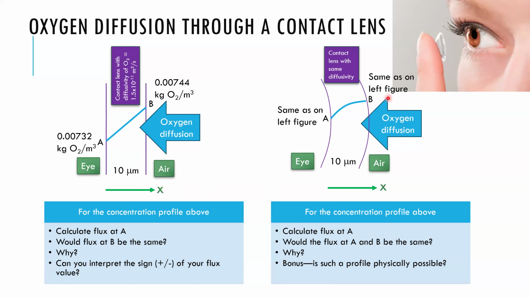The figure on the right is identical in every way except two things. One is the contact lens is not a slab, so it has a curvature, it's circular, closer to what you see in this picture here. And the concentration profile here is not linear like the one on the left.